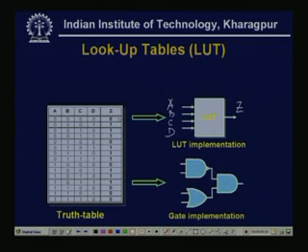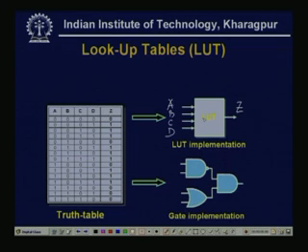Now, what we can tell is that these A, B, C, D are the addresses of the table and Z is the content of the table.